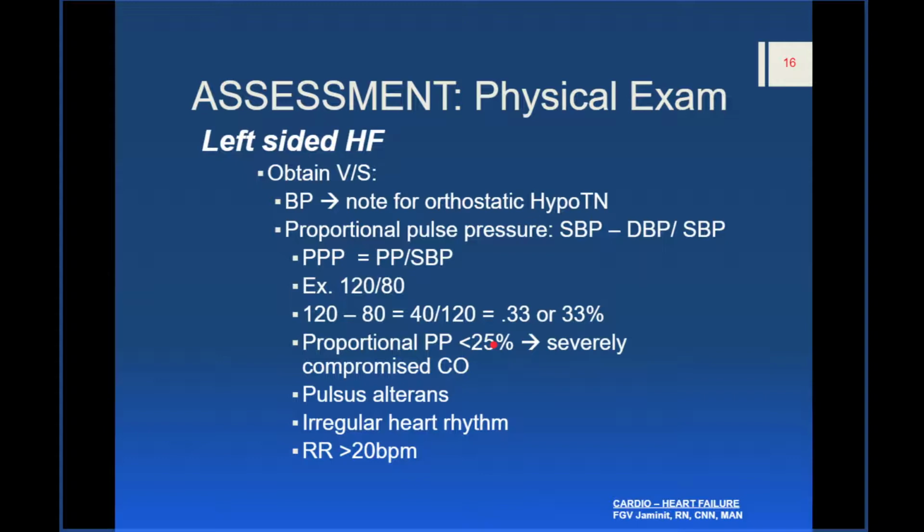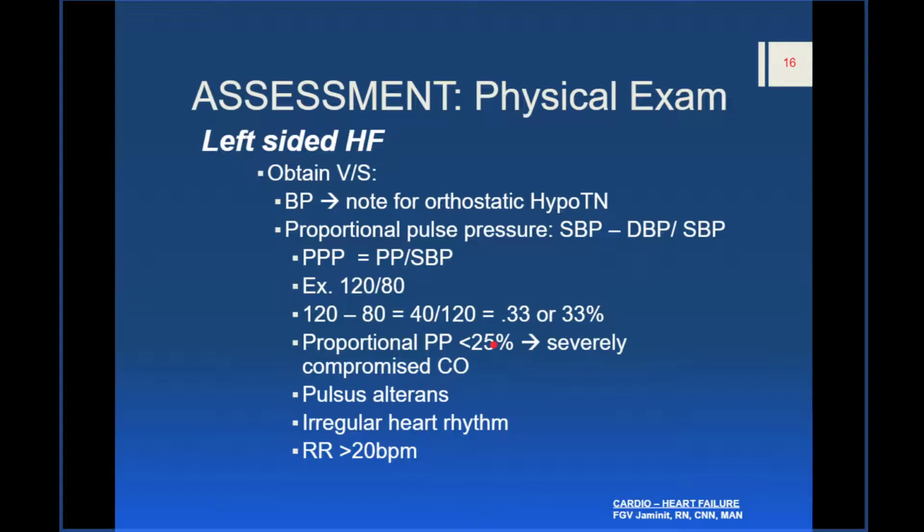So check for the pulse of the patient. There may be pulsus alternans. It is written here pulsus alterans, no, but it is pulsus alternans, no. It's actually a frequently changing pulse from bounding as a forceful pulsation and alternating with a weak or a thready pulse.